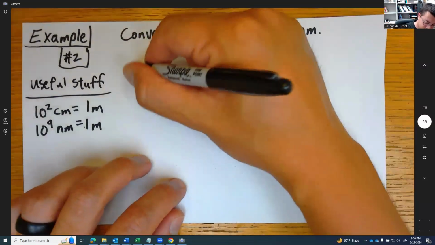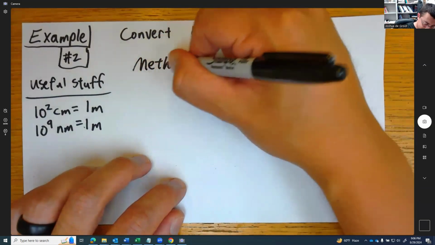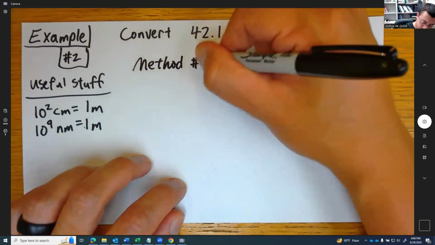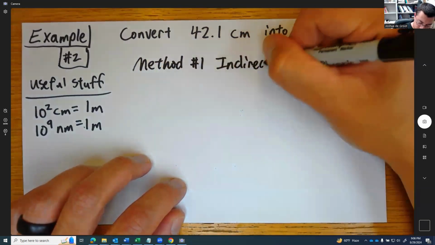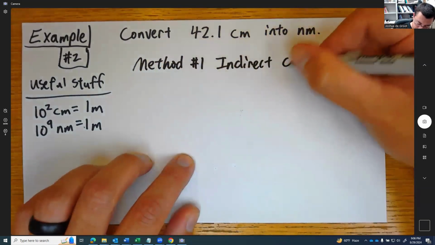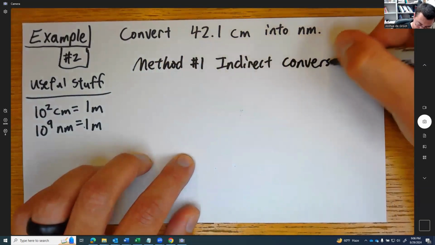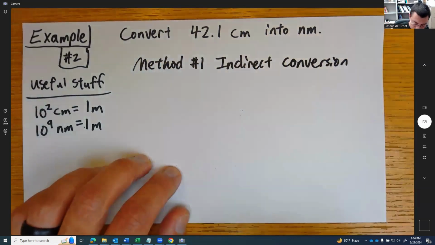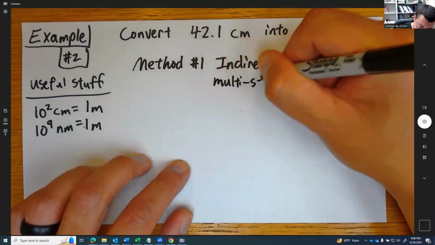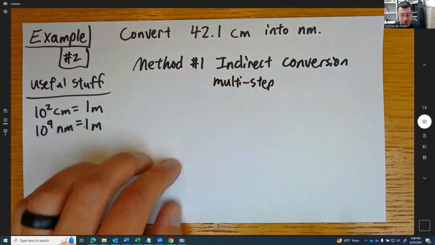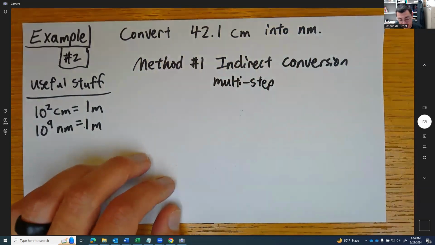So method number one, I'll give it a few different names: an indirect conversion, or you can call it multi-step. Let's see how many names I can come up with before it gets boring. Maybe it's already boring.